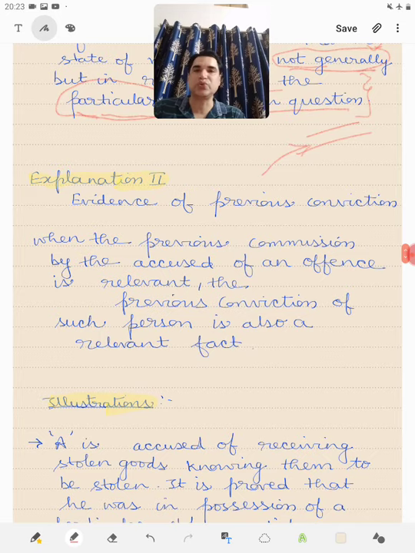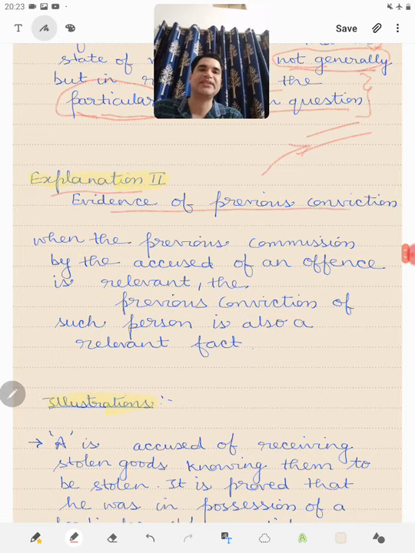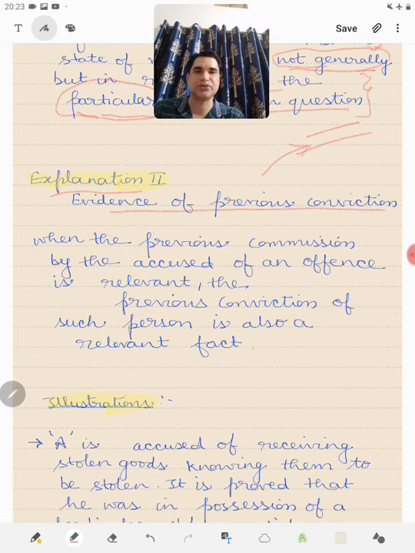Now explanation 2 is also important, and it says evidence of previous conviction. Sometimes we try to prove in court that earlier also he had committed the same offense, and so there may be that he is in a state of mind of committing a similar offense.